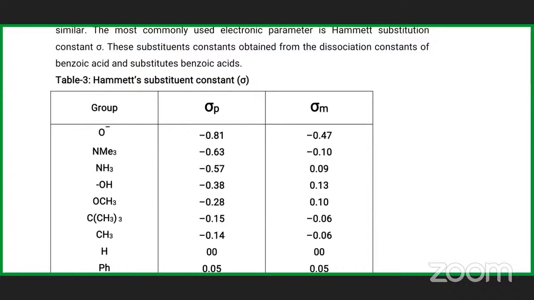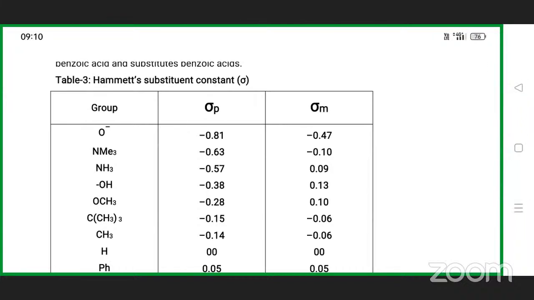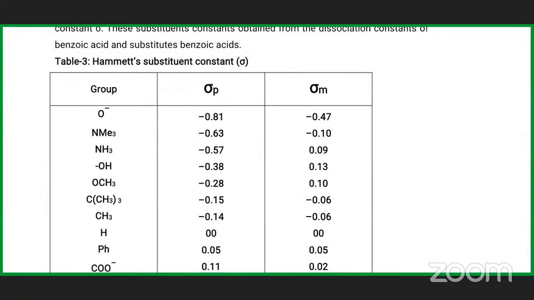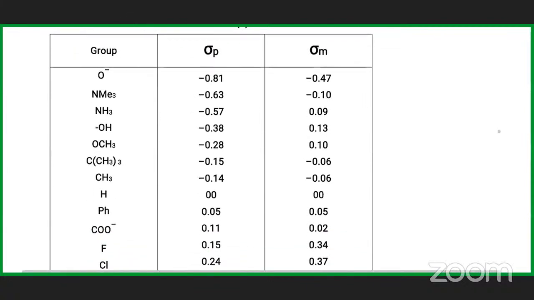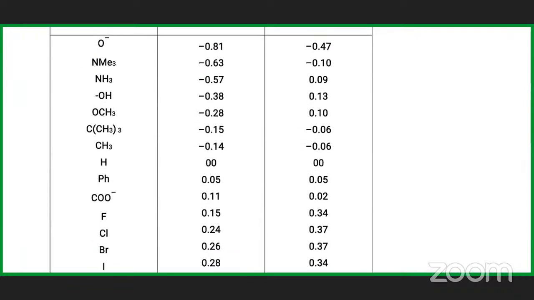And the N,N-dimethyl group: at the para position, sigma para is minus 0.63, and at meta it is minus 0.10. For the OH group you see minus 0.38 and 0.13 here, and for methyl and carboxylic acid you can see 0.11 and 0.02 at the meta position.